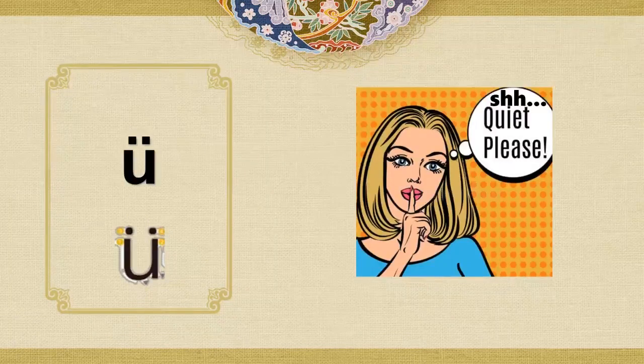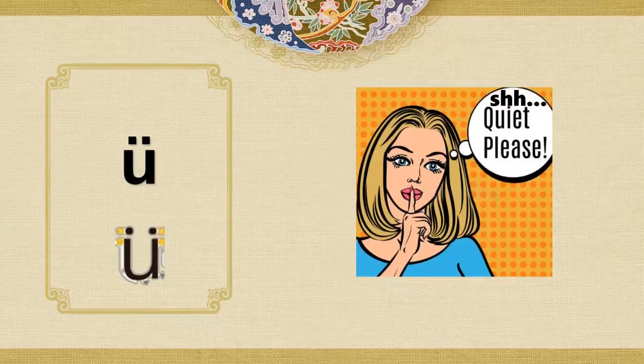The last one is yü. There's no yü in English. So how to pronounce it? First, we say yi, and then while you say yi, round your lips. You can push your mouth forward to help it be round.